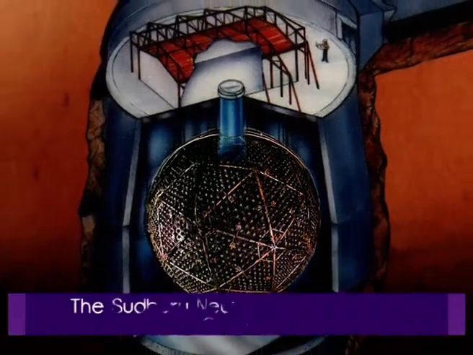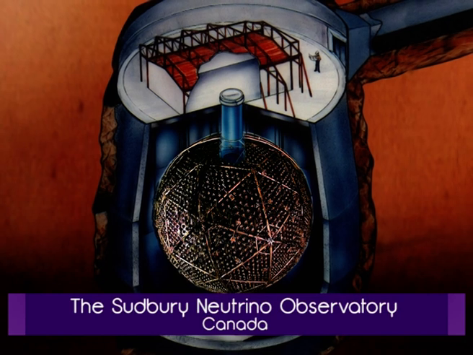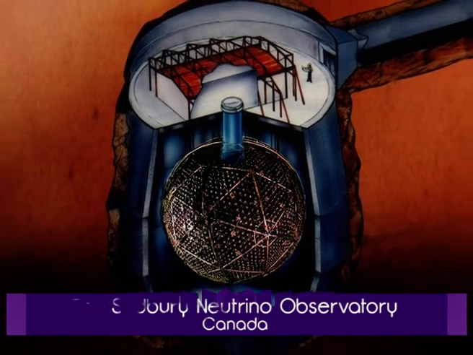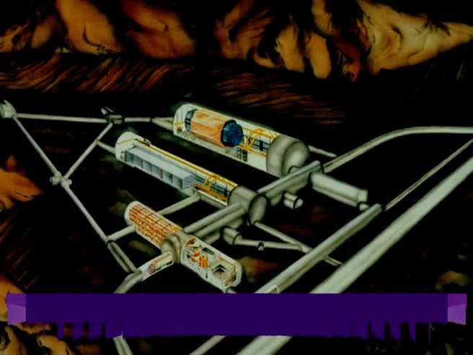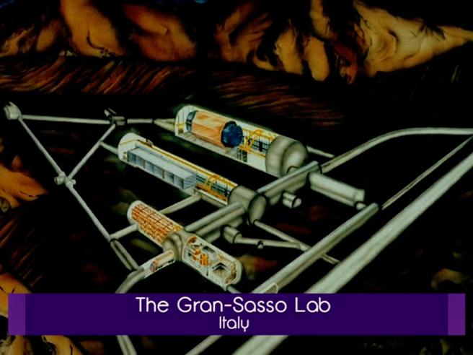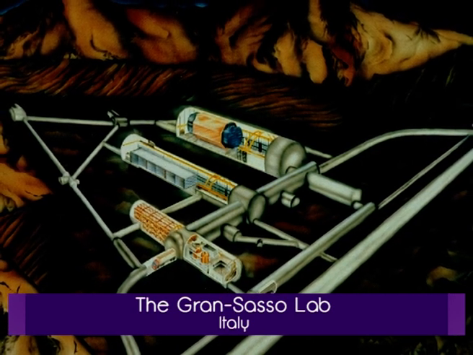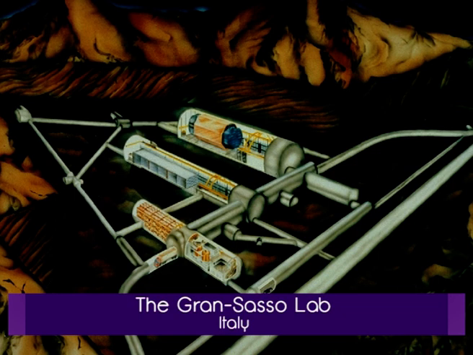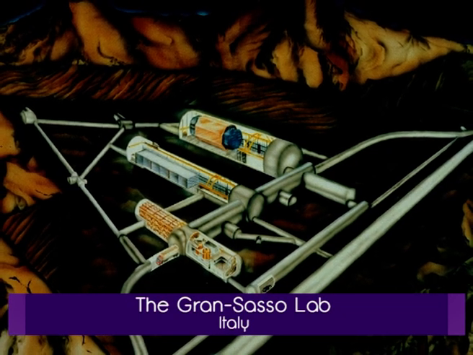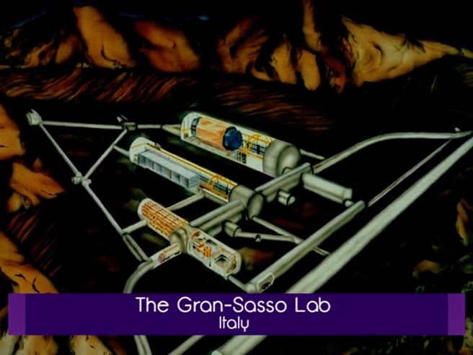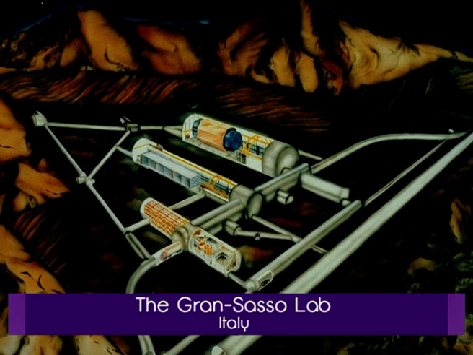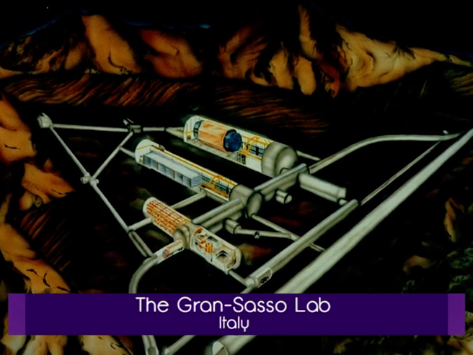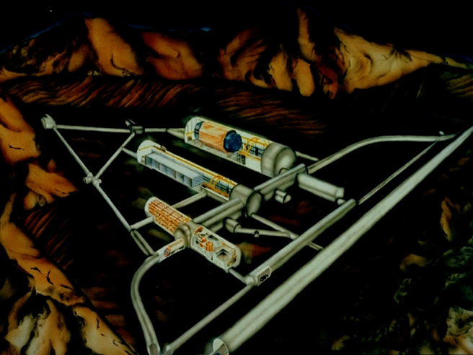The Sudbury Neutrino Observatory in Canada is similar to the Super-Kamiokande. The Gran Sasso Lab in Italy is the largest underground laboratory in the world for experiments in particle physics, particle astrophysics, and nuclear astrophysics. They run many experiments, including neutrino physics, in their underground lab.